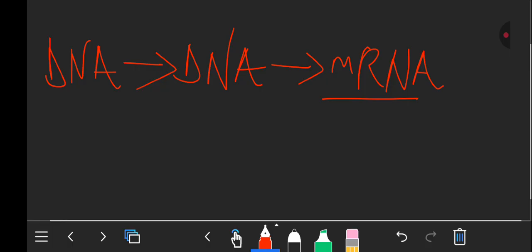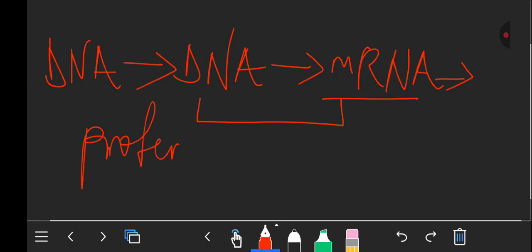And the process, we said, is transcription. Then this information, which is now contained in mRNA, has to be translated, has to be made into proteins. And the process we said is translation.